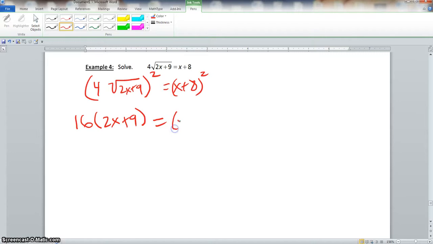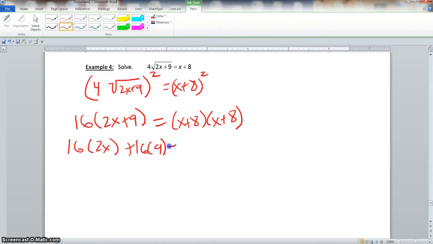Now we know this breaks down to x plus 8 times x plus 8. Now we could do the distributive property here on the left, which would be 16 times 2x plus 16 times 9. And it equals... We have to do the distributive property of a binomial.